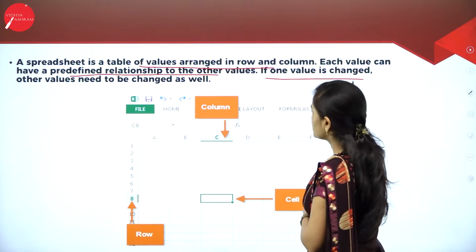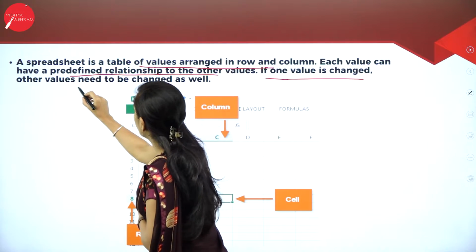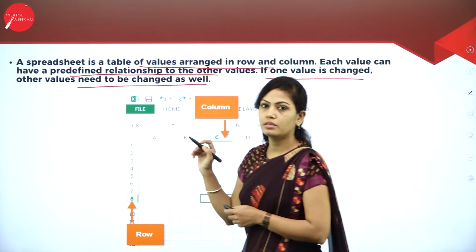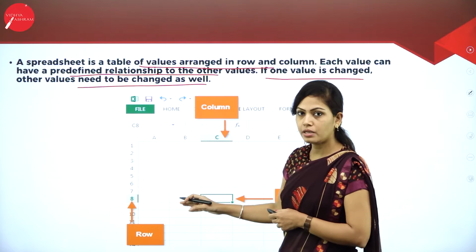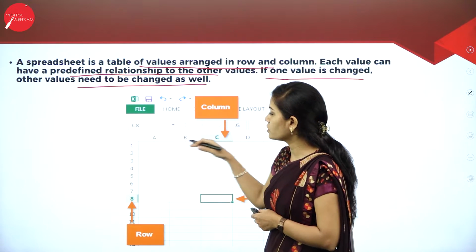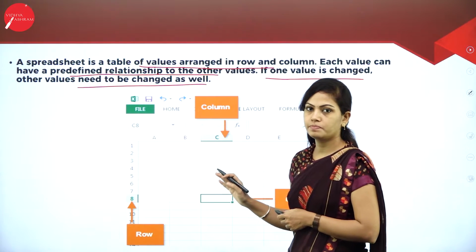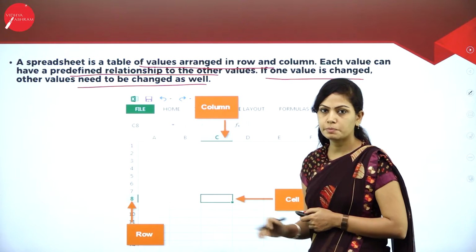If one value is changed, other values need to be changed as well. So this is called a spreadsheet. It consists of a table and is a combination of rows and columns. Clear?